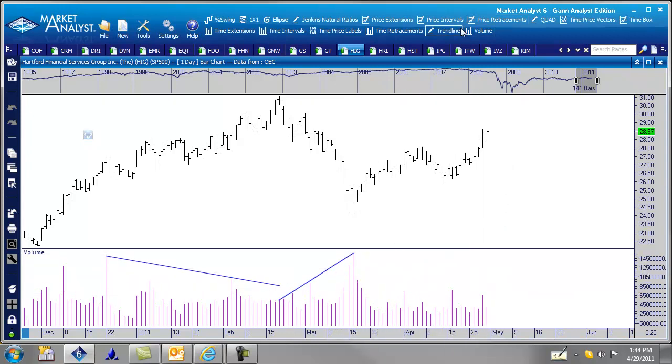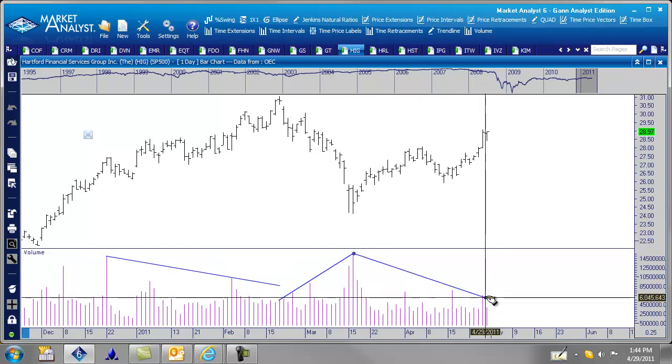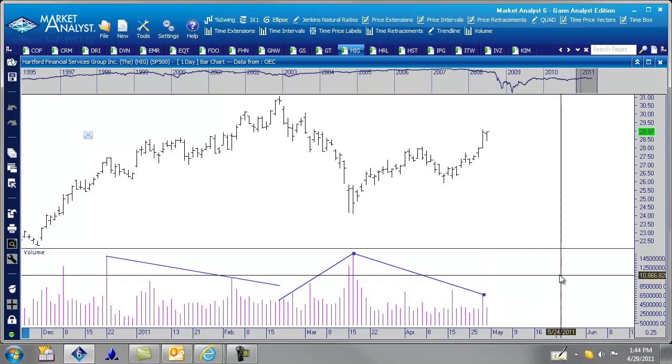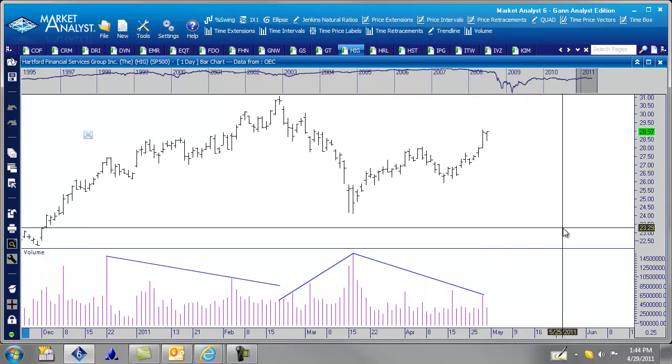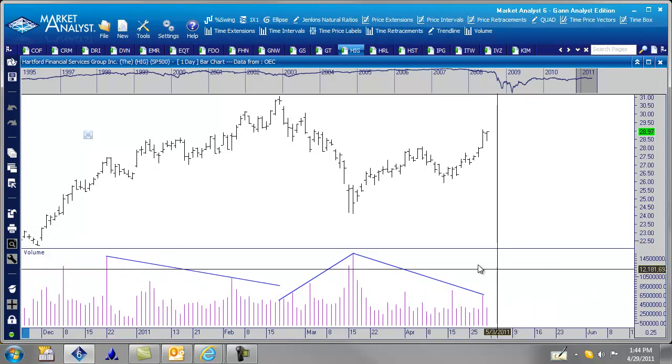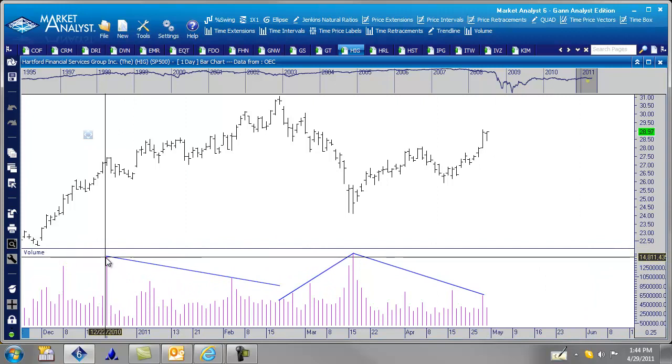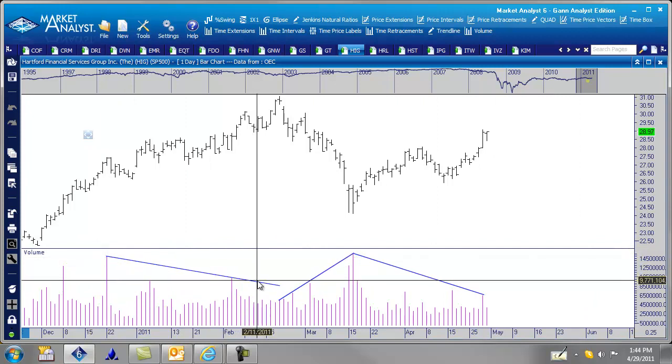Absolutely. So let's draw a trend line there from here. Okay, so the rules for volume are applicable to HIG in this scenario.